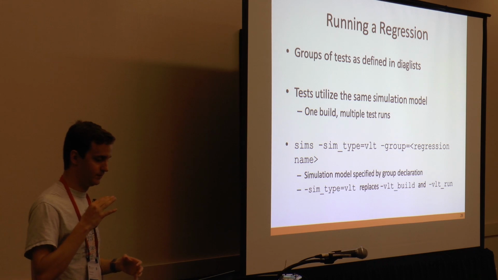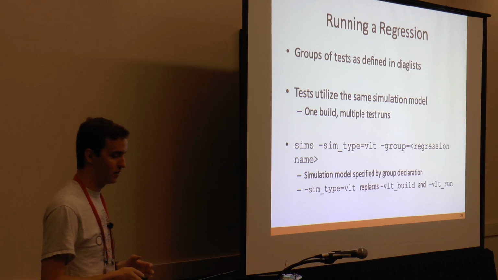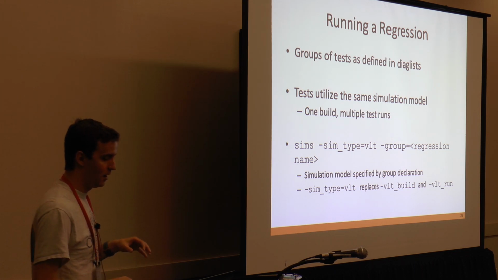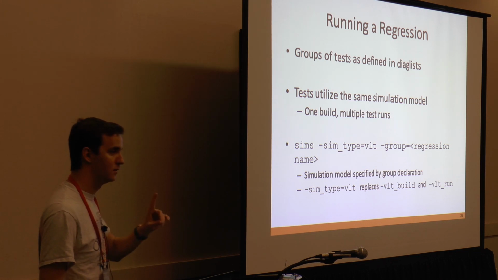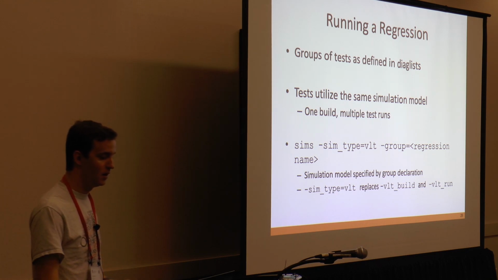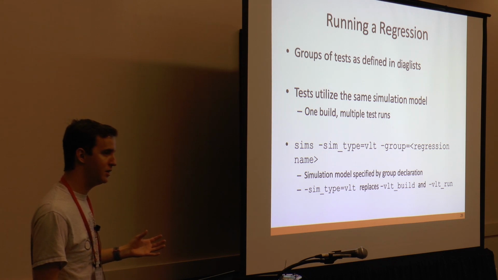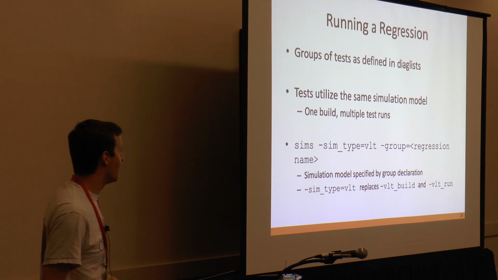So as I mentioned previously, you can use sims to run regressions of tests. These are groups of tests defined together as in a diag list. Regressions require the use of one simulation model. So you build one model and run many tests on it. If you want to run a regression, it's a different way to command sims.